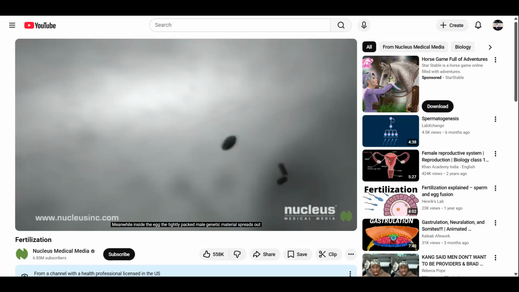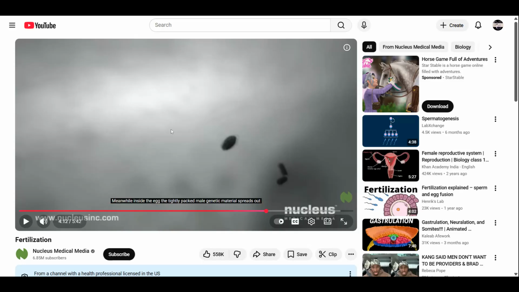Now, why is the injecting of the genes of the sperm different? Why doesn't it kill the egg like the bacteriophage does?